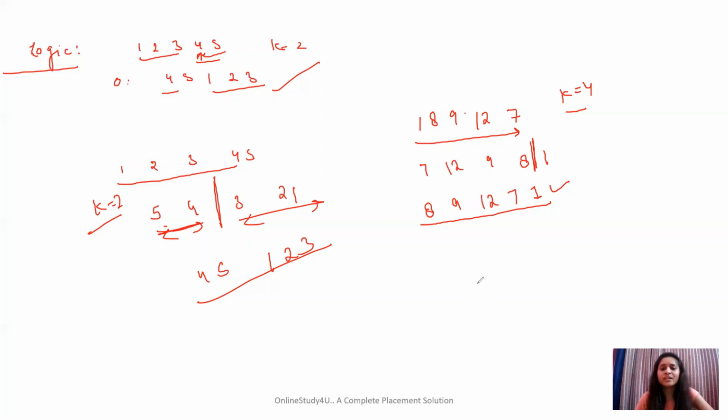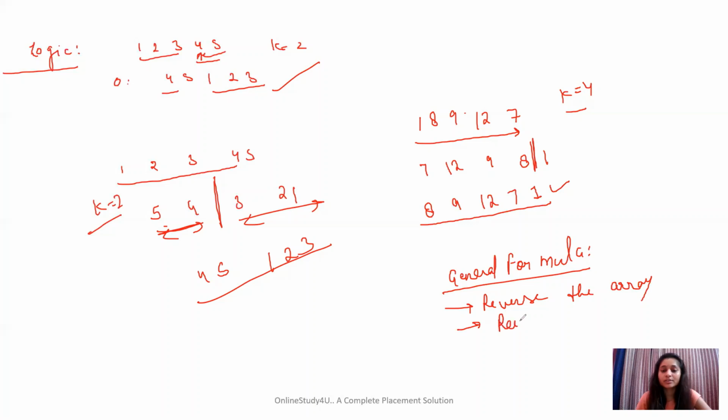Now let's quickly write the general formula for this question. What can be the general formula? Writing the general formula helps you to implement better. So first of all, reverse the entire array. Second, reverse the array from 0 to k.